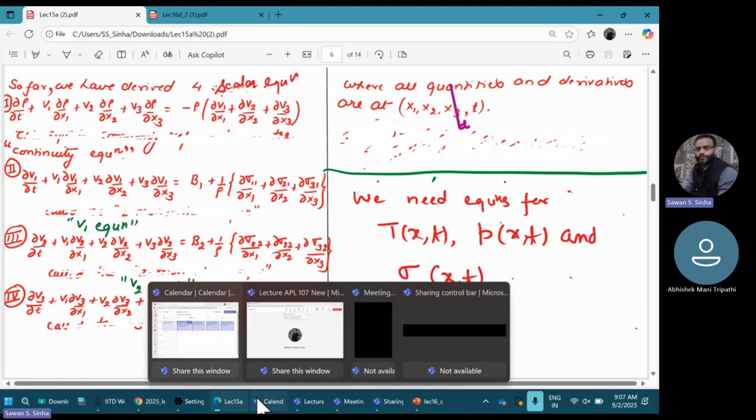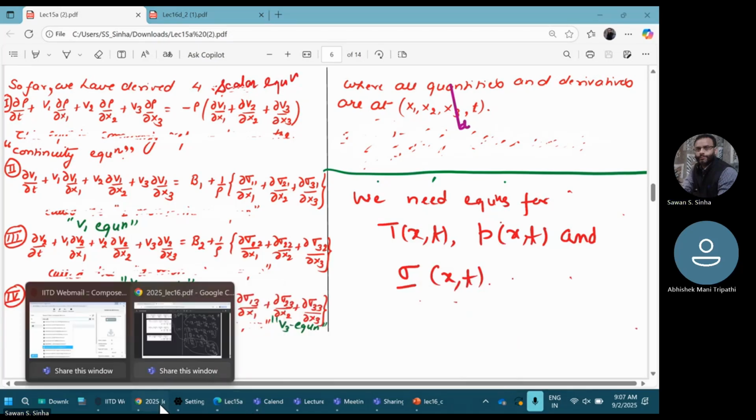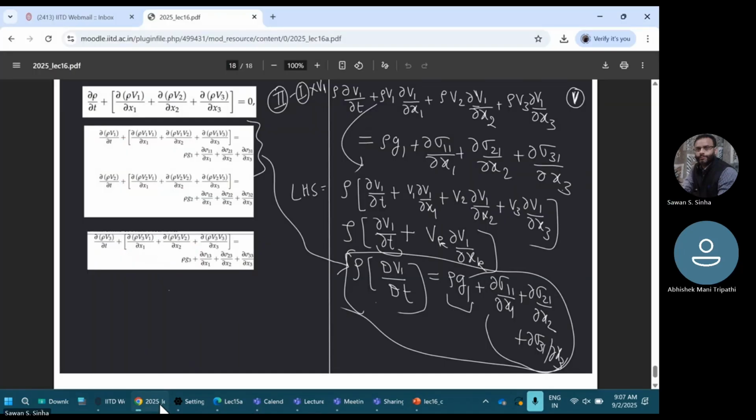Now the derivation that I made so far, I showed you the steps. Actually, I didn't make the full derivation, but I showed you all the key steps. The equation that I am getting eventually is the equation for V1, the first component of the velocity vector.